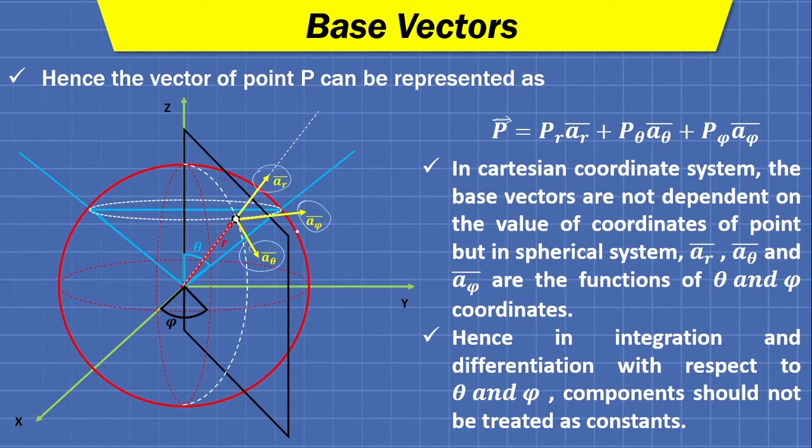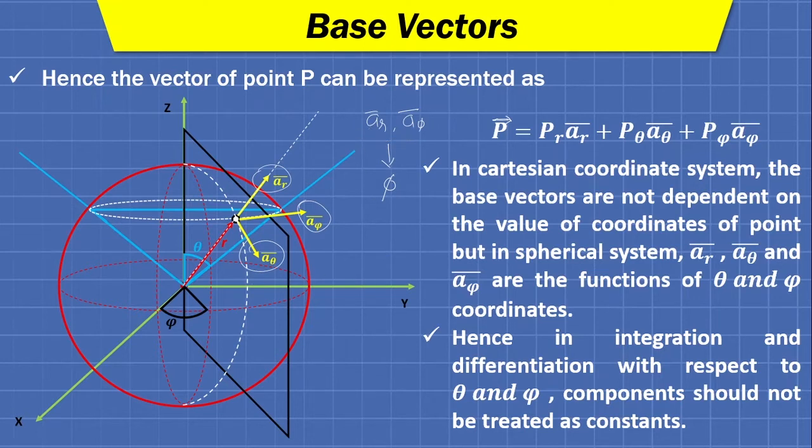Fine. So here the directions are the function of coordinates. In cylindrical as well, the direction A r bar and A phi bar were the function of value of phi. Fine. But here all three directions are the function of two angles theta and phi.